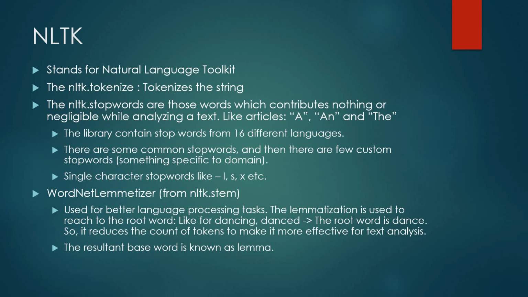So that we can reduce the size of the tokens and optimize our processing. It reduces the count of tokens to make it more effective for text analysis. So this is the purpose of Wordnet lemmatizer. And the resultant base word is known as the lemma. If we talk about dancing, danced, ultimately the root word is dance. So this root word dance is known as the lemma.